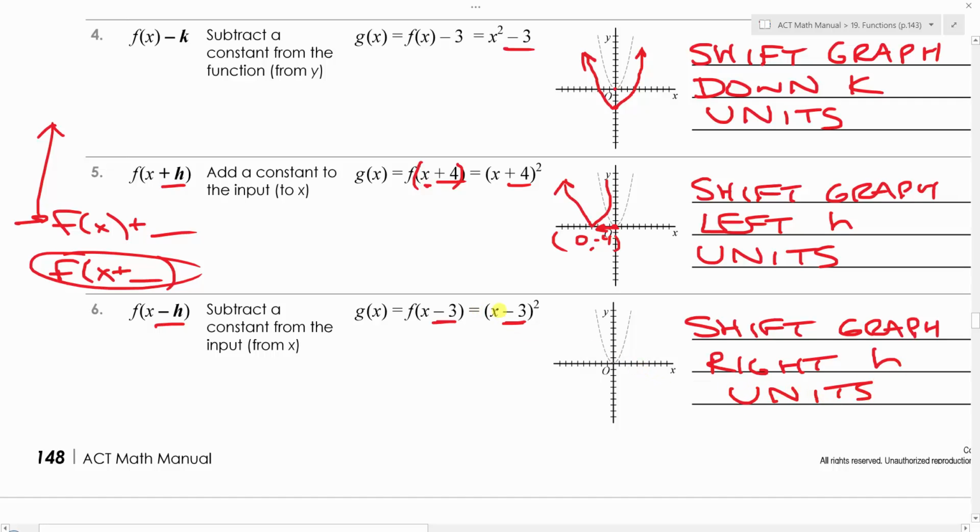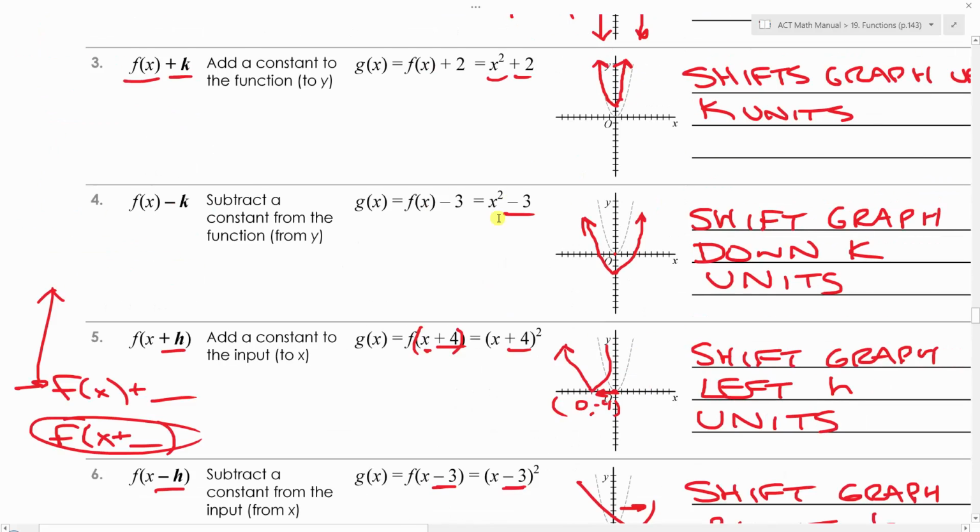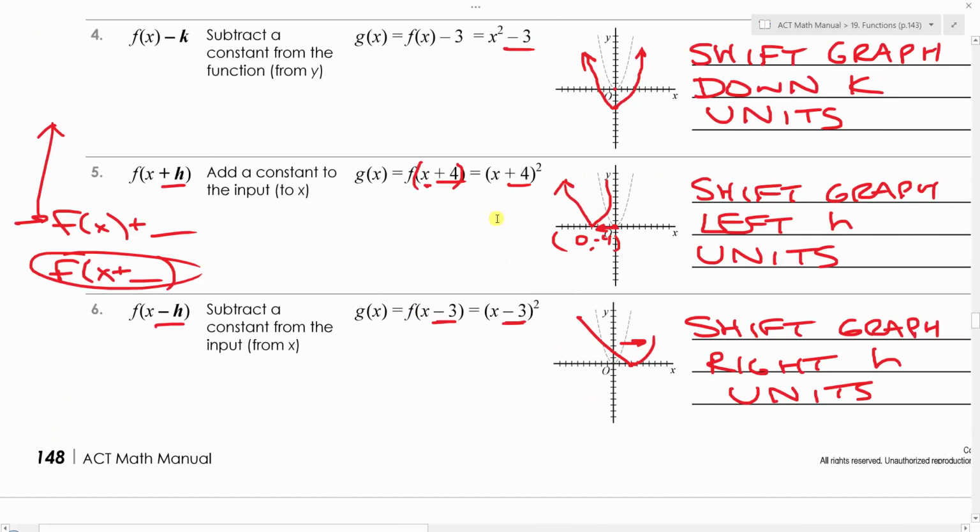So this guy, you're subtracting 3, that's going to shift the graph to the right h units. So, wow, man, that's bad. Hopefully you were able to draw this stuff more neatly on your paper than I'm able to do on the screen. There's not a lot of delicateness here with this setup.